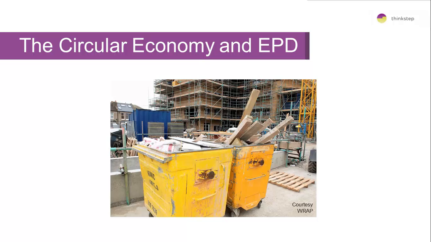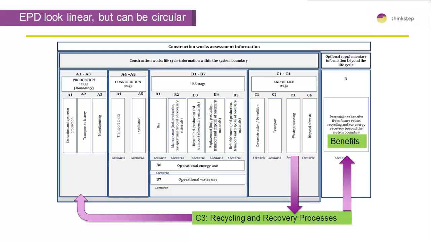In terms of the circular economy and EPD, this is the standard EPD template in terms of the different life cycle stages. At the beginning, you've got the manufacturing process, then taking the product to site, then the use of the product, the end of life of the product, and at the end, we show the benefits that happen from any recycling and recovery processes happening through that life cycle.